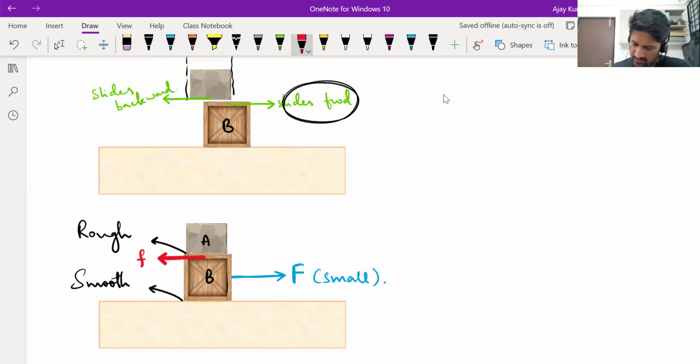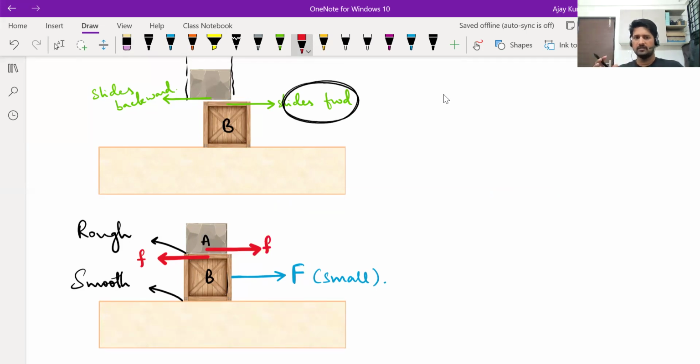So to prevent that relative sliding, friction on A will act forward like this. Is this clear to all of you? Think about this once again and ask me if you have any questions. Okay, hope this is fine.